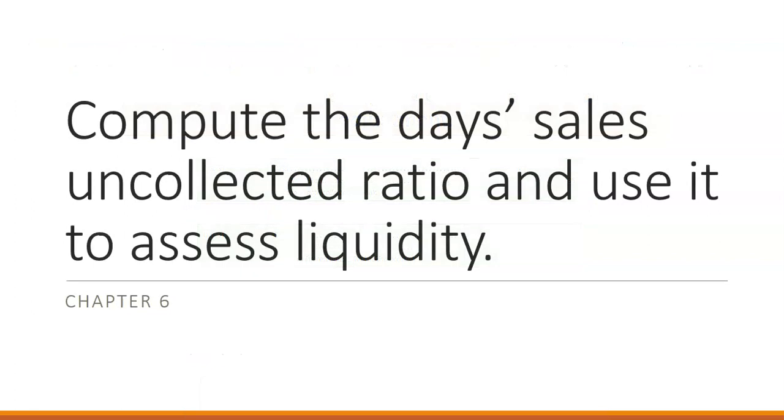The last thing that we look at in Chapter 6 is the days sales uncollected ratio, and use it to assess liquidity of our company. So if you remember in Chapter 4, when we looked at inventory and days inventory and sales. So now what we're going to be looking at is how long does it take us on average to collect accounts receivable payments from our customers.